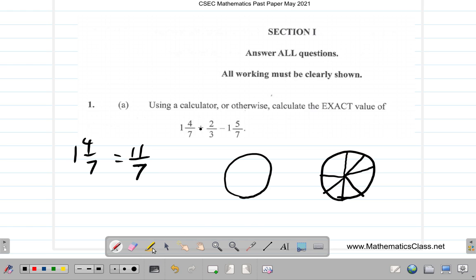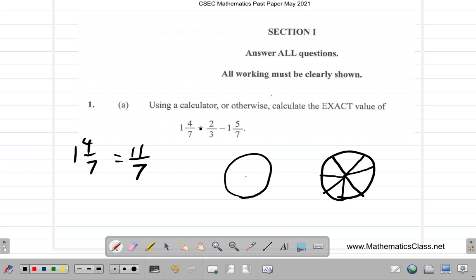Let me count it: 1, 2, 3, 4, 5, 6, 7. Pretend they are 7 equal parts. Let me touch up this part. Alright, good.